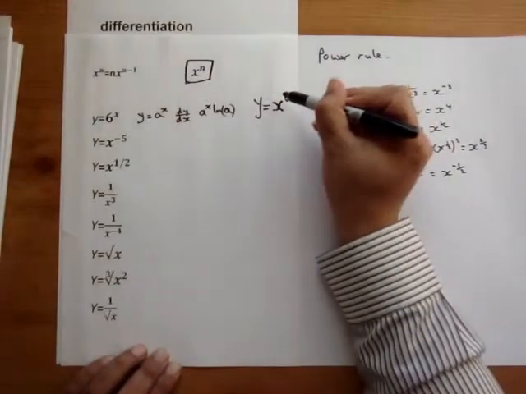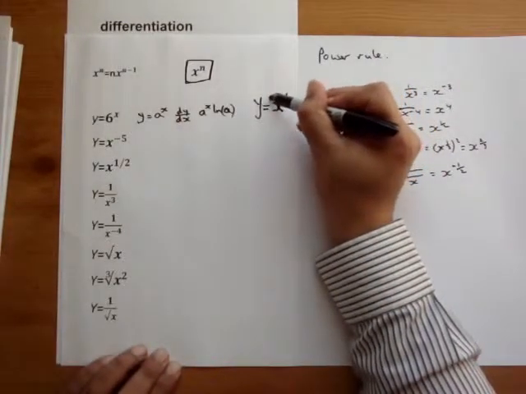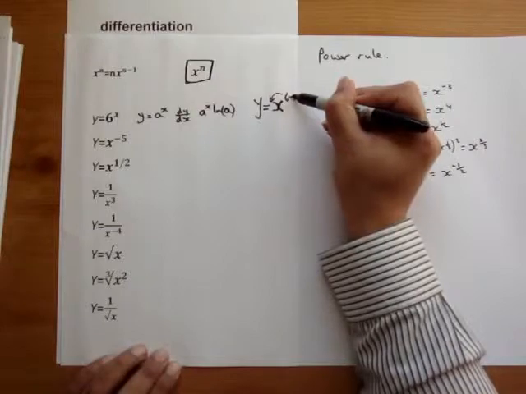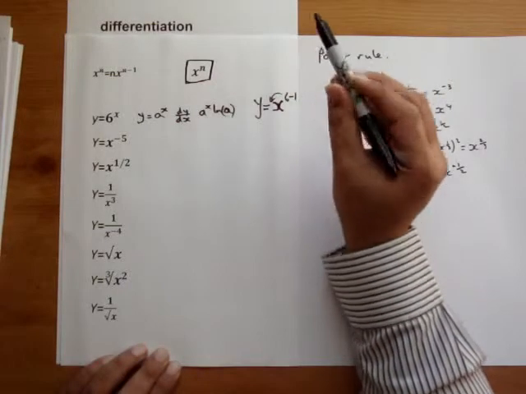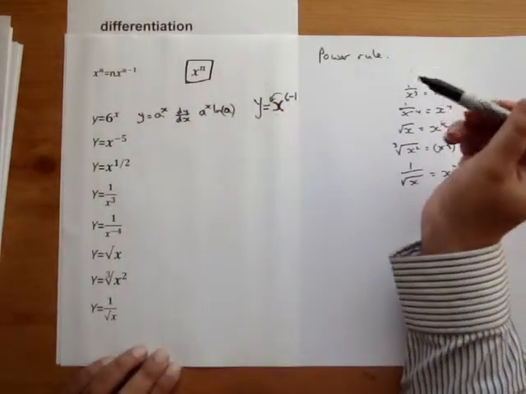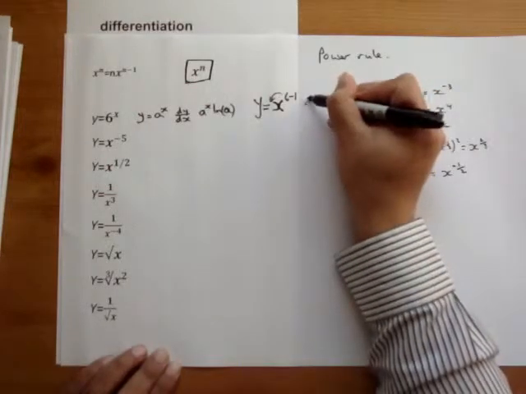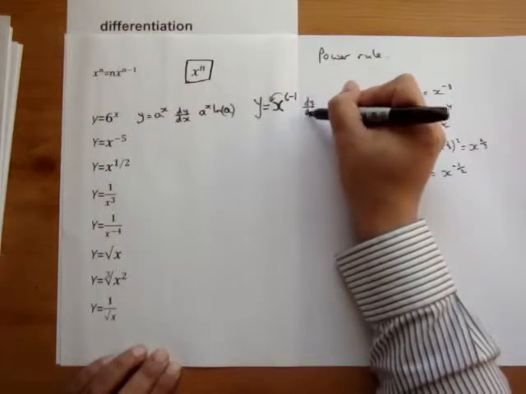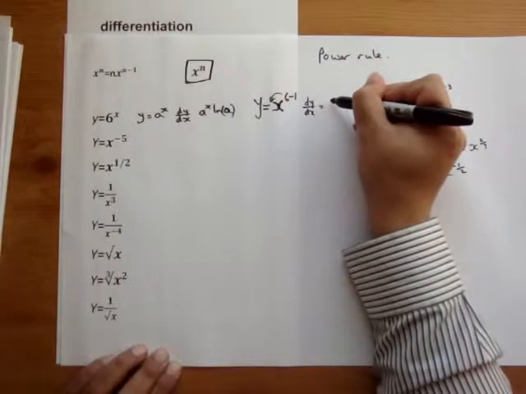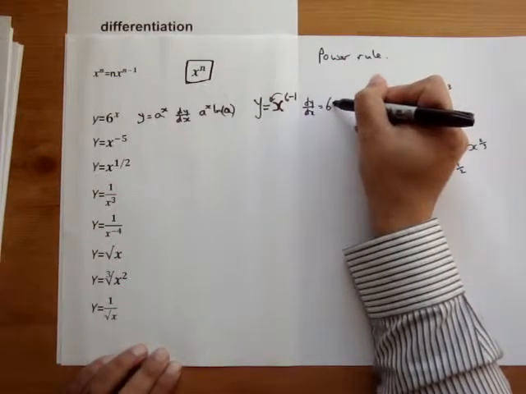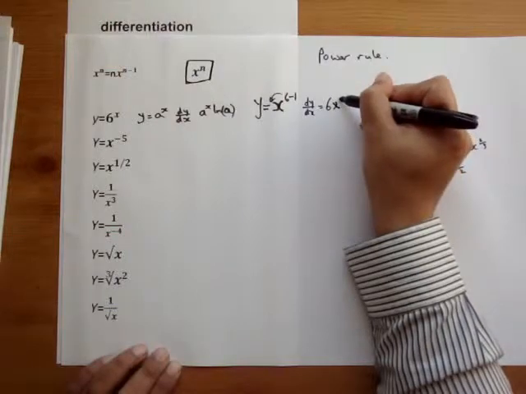So what we do is we bring the 6 down and minus 1 from the power, which is n, and that gives us dy over dx is 6x to the power 5.